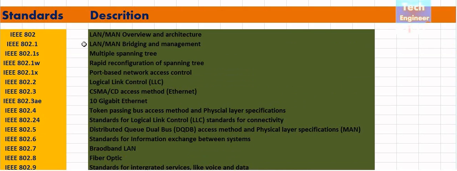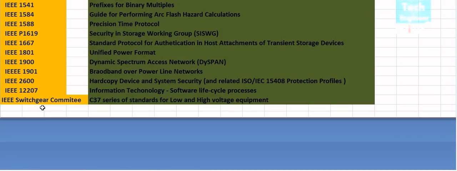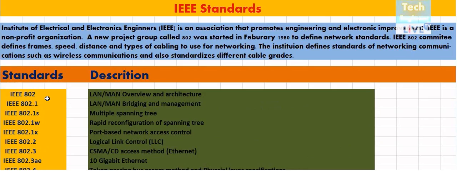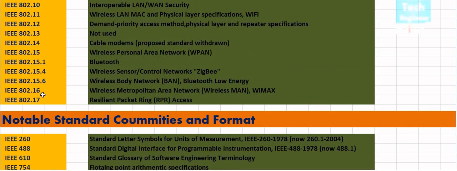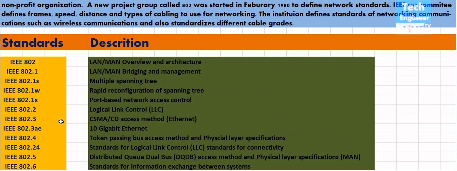Also, different committees were created. 802, as I said, is our first, the LAN/MAN overview and architecture: how the LAN will be, how the MAN will be, and the notable standard committees and formats. A lot of technologies have been built since that time, and they keep increasing.